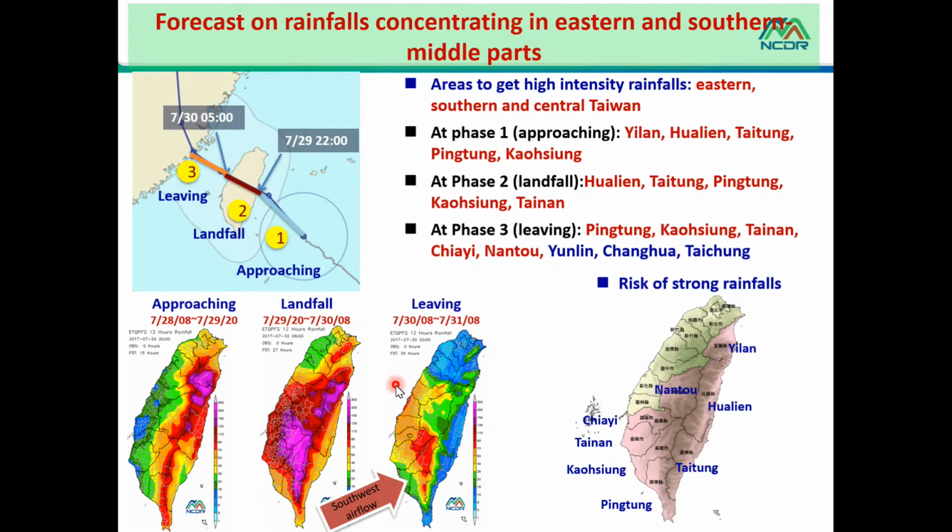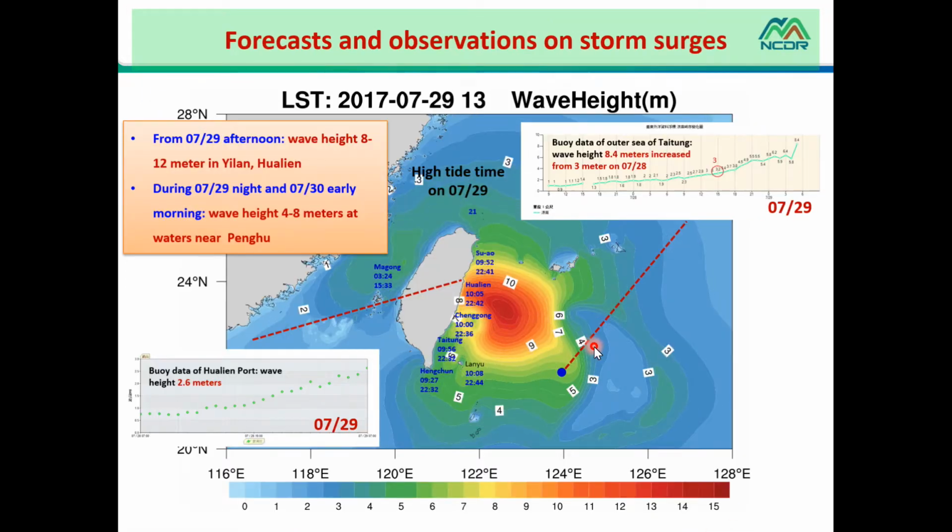Also, a very important thing is precipitation. I emphasize phase 1, phase 2, and phase 3, and for each phase we highlight areas that should be cautious. Where areas could receive strong rain, we also propose a report to government sectors.